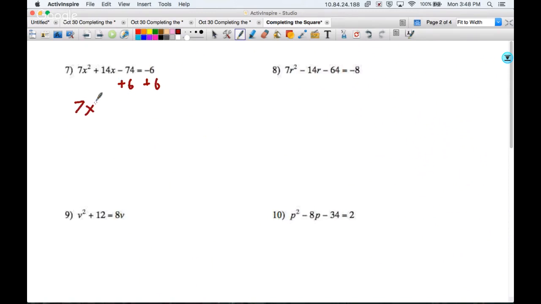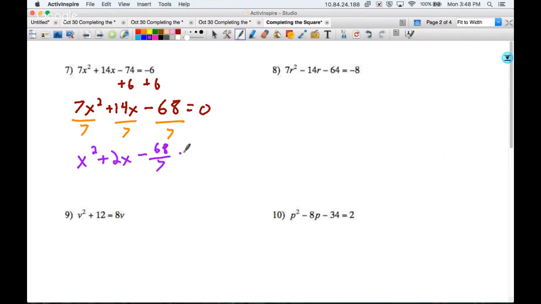Now I've got 7x squared plus 14x minus 68 equals 0. I want to get rid of that a value, so I divide everything by 7. And now I get x squared plus 2x minus 68 sevenths equals 0.